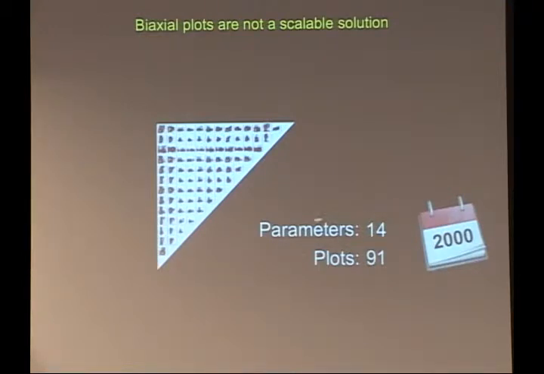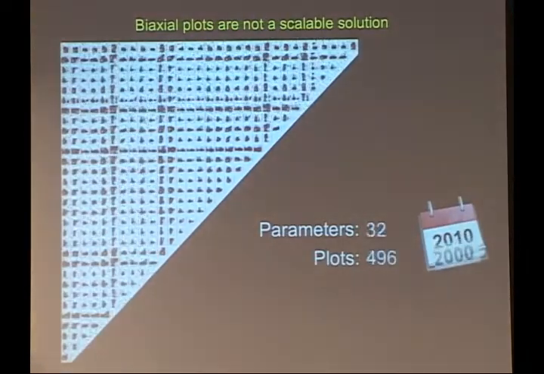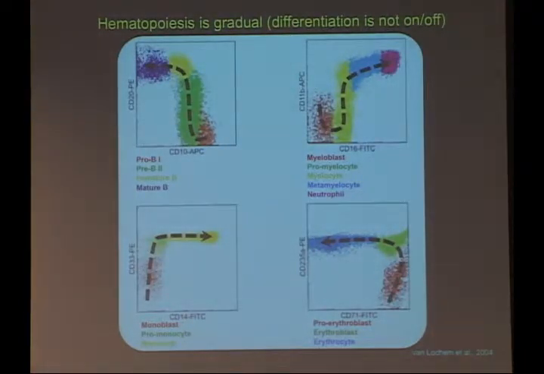Maxing out an LSR2 in our lab, you would have to look at 91 plots to look at all the pairwise relationships. But with a CyTOF with 31 parameters, you quickly reach around 500 biaxial plots. And we're now scraping the upper end of 40 parameters. So this problem is just getting worse and worse as time goes on. So obviously, biaxial plots are not a scalable solution.